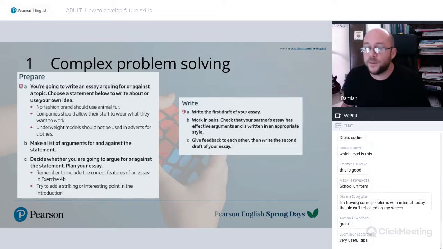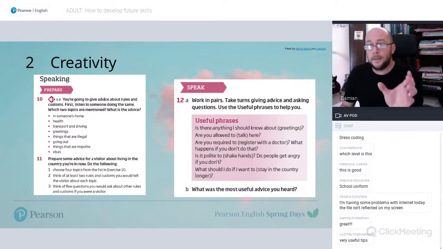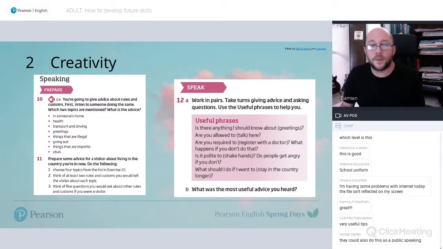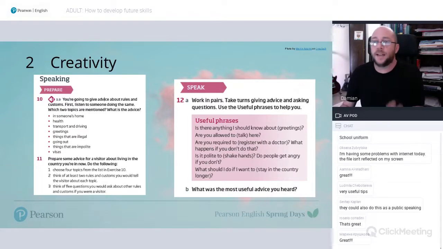Okay, so moving on to creativity. Now, as I said, in the main route, the fast track route of the book, every lesson ends up with a speaking goal. It's both the starting point and the finishing point, if you get what I mean.